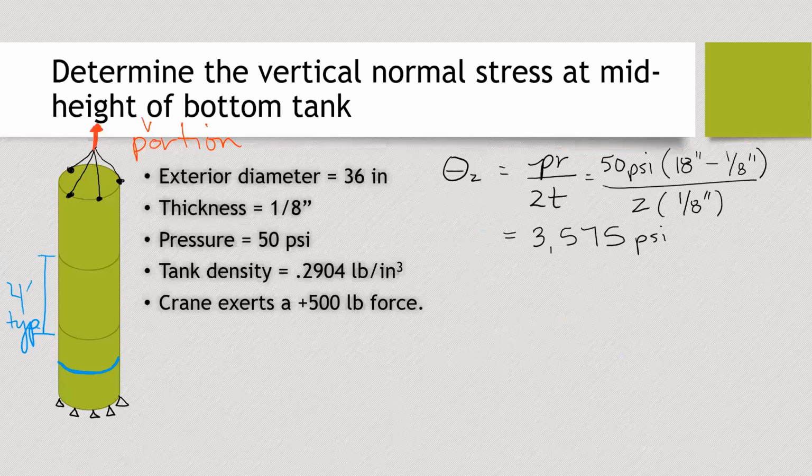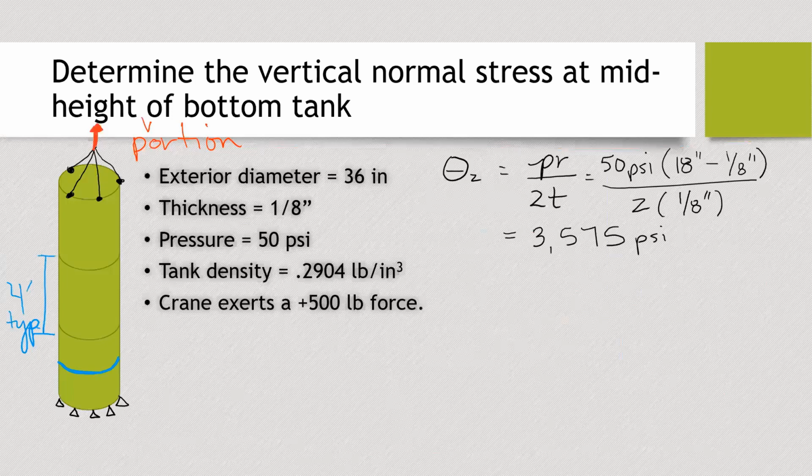The weight. The tank itself, from its own self-weight, is going to put the tank into compression. You see that? It has to support itself. So we have the density, but we're going to need to figure out the volume of the tank above that point.